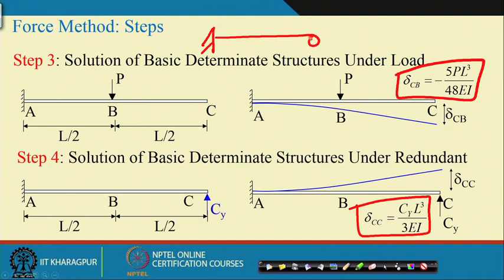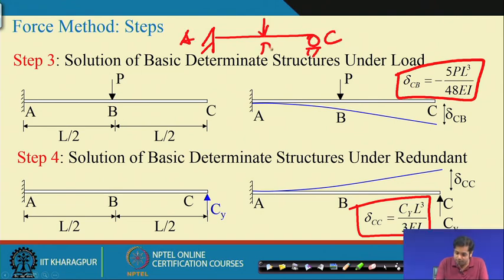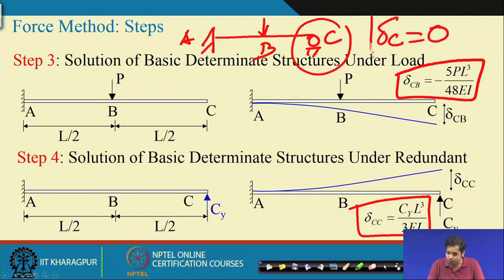This point is C and this point is A, and then you have a load at point B. Irrespective of what the deflection of the beam, the forces, or moments may be, one condition with absolute certainty we can say is that the vertical deflection at point C has to be 0, because that is the support condition. So, we have given a constraint in the vertical direction. So, delta C has to be 0.